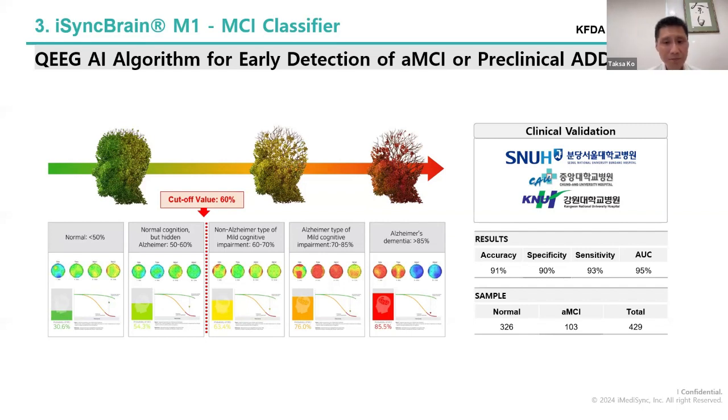In the third part, I will give you iSync Wave quick recording and how to use the quick summary. After that, I will give you the MCI cases and depression cases in more detail using the iSyncBrain portal analysis items. That will be complementary information for explaining the result to the client.